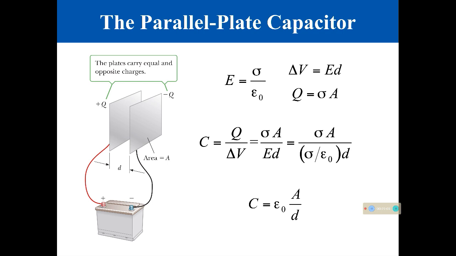They're combining these all together using the definition of capacitance. Q is equal to charge density times area, over voltage, which is equal to E times d, and E is equal to charge density over epsilon naught, and you'll notice that my charge densities cancel, giving the equation that we discussed kind of conceptually just a second ago.